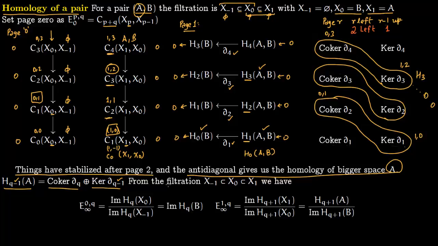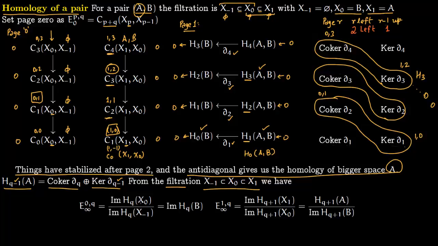Now notice that this is our filtration to start with. Since this is our filtration right here, we can use our formula for the filtration for the infinity page. So what lies in column 0? This is column 0. Just by our formula from convergence of the spectral sequence, you get the image of H_q(X_0) over the image of H_q(X_{-1}).